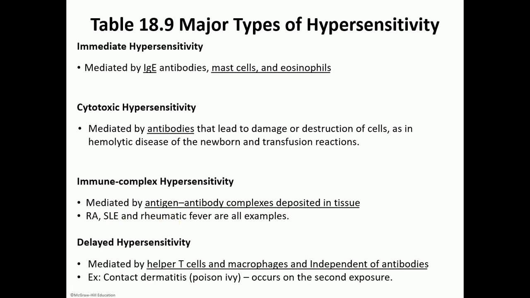All of these are different examples. So we'll talk about, let's say, the process of RA, for example, okay? RA and SLE, they're sometimes triggered by things totally unrelated. They're more common in females.